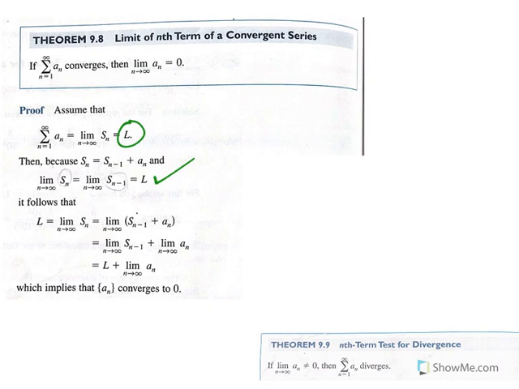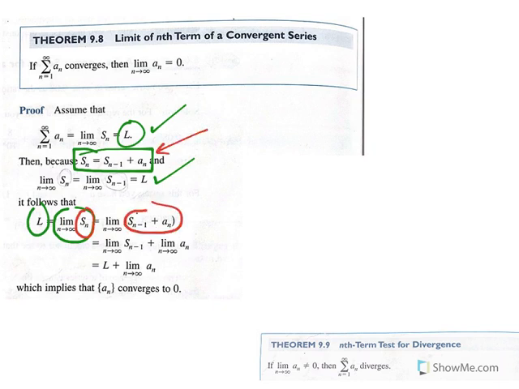So it follows that the limit of the nth partial sum as n approaches infinity is L, which is from our assumption. And of course, we can rewrite the nth partial sum as the n-1th partial sum plus the nth term. So you're just replacing the nth partial sum with that, and you're taking the limit as n approaches infinity.